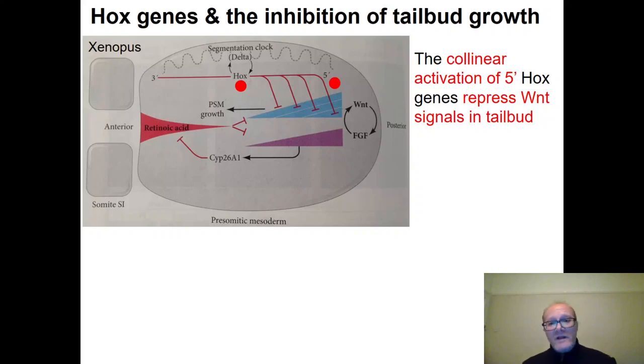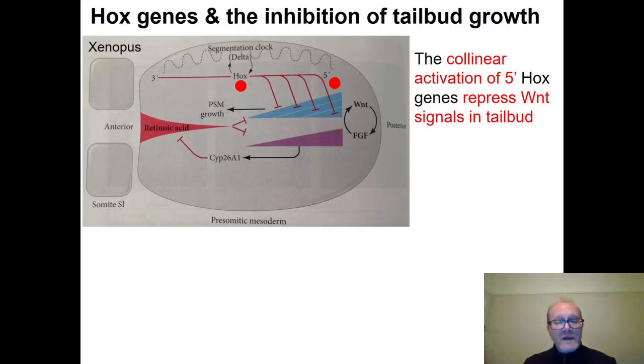Well, it turns out that many of the most posterior HOX genes have a repressing activity on Wnt signaling. So the more posterior the HOX genes are, the stronger repression they have on Wnt signaling in the tail bud. So at one point, the cells that are entering the DMZ start to express a lot of these very posterior HOX genes that have a very high level of repression of Wnt signaling.